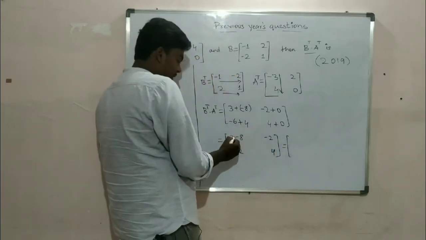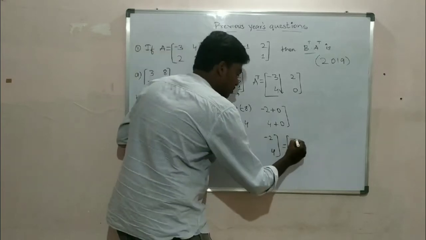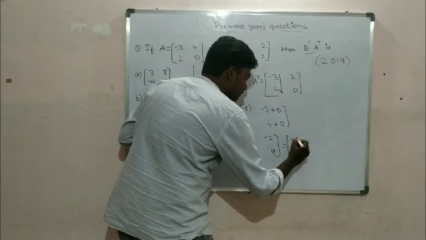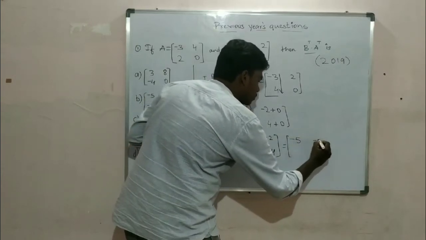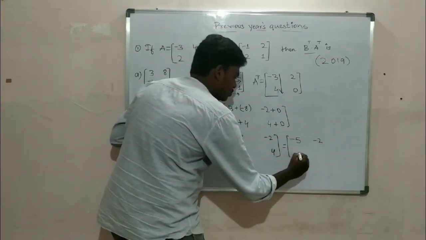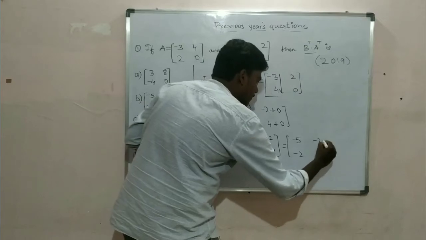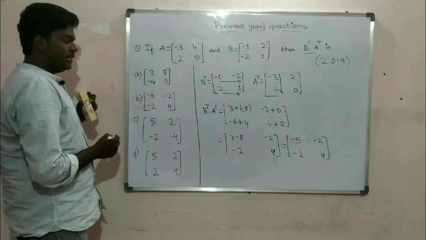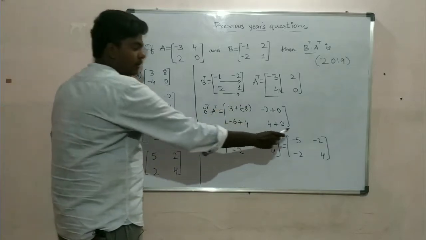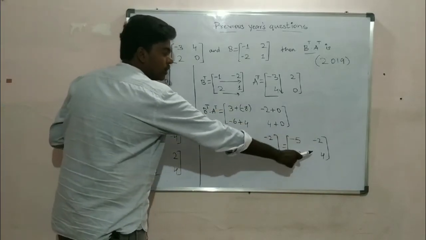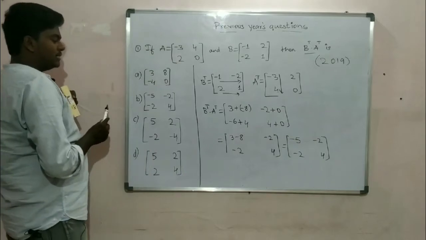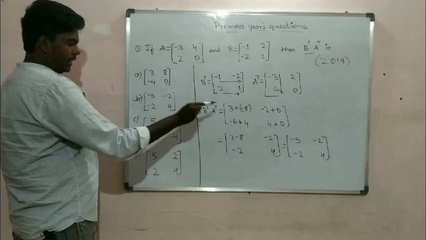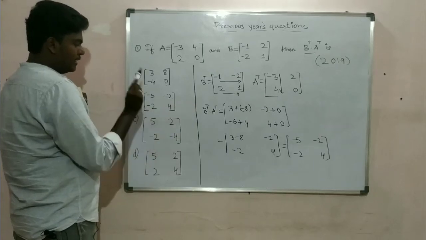Now check this answer in the given options. The answer is minus 5, minus 2, minus 2 and 4. So our answer is the second option: minus 5, minus 2, minus 2 and 4.